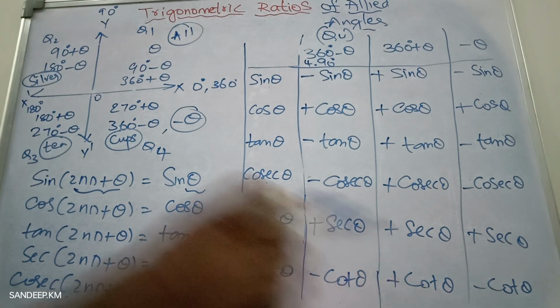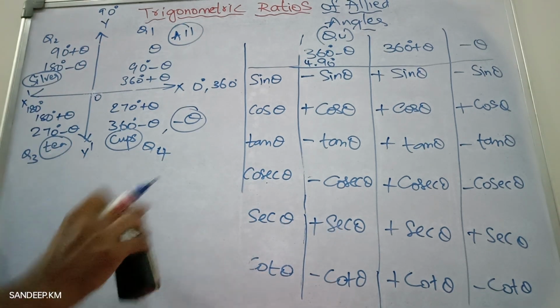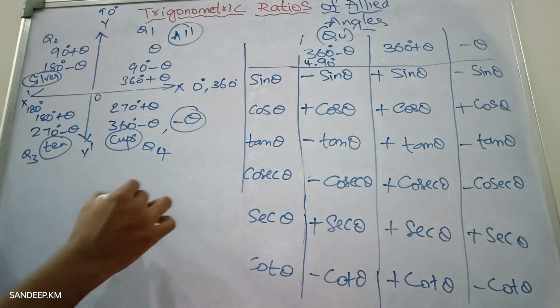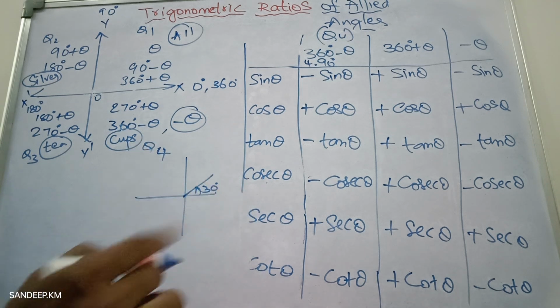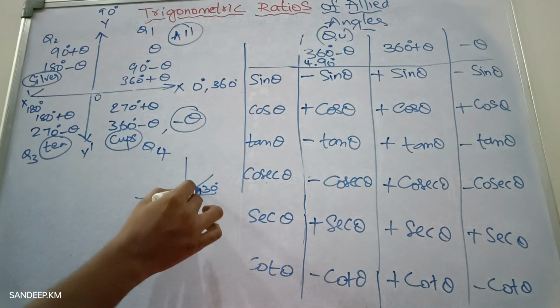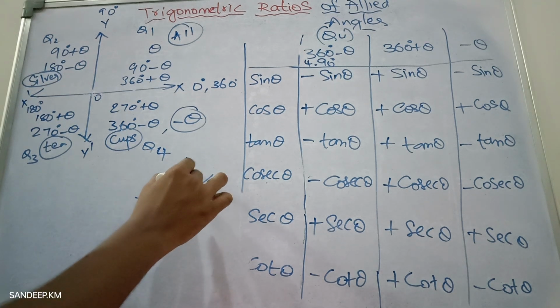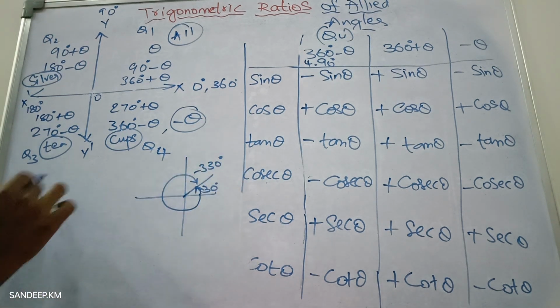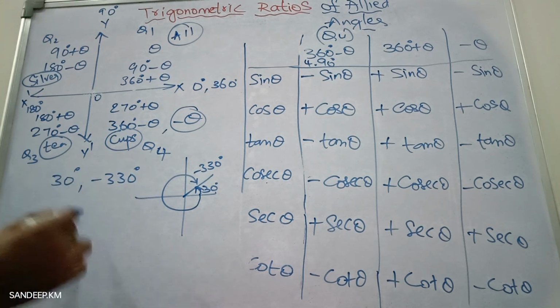For example, to make it clear, I already told you that if this is 30 degrees in the coterminal angles concept, anti-clockwise I measured it is 30. Clockwise when I measure it was minus 330 degrees. So I told that 30 degrees, minus 330 degrees are coterminal angles.